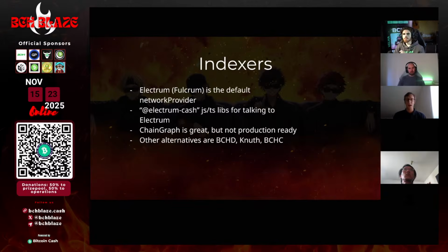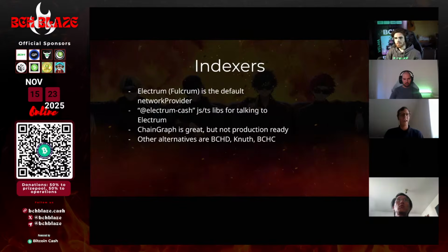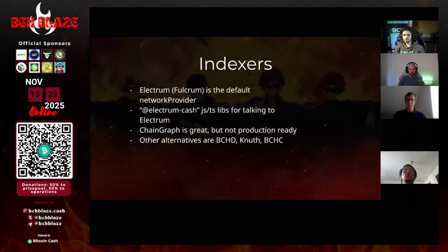And then in my opening slides, I also mentioned Chain Graph. Chain Graph is great and has a lot more data available. So if you want to visualize data, or you want to, for example, query all OP_RETURNs which are on the blockchain, or you want to query all transactions which have more than 7 outputs, these are the type of queries you can create with Chain Graph.